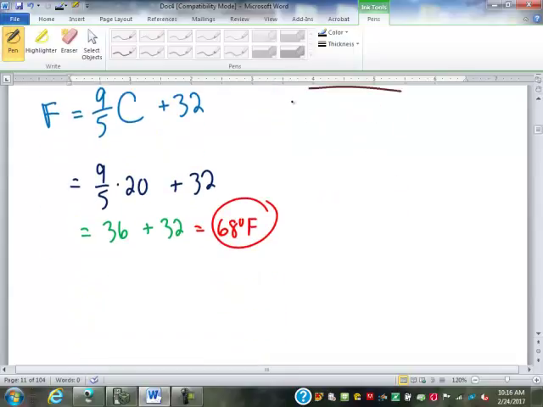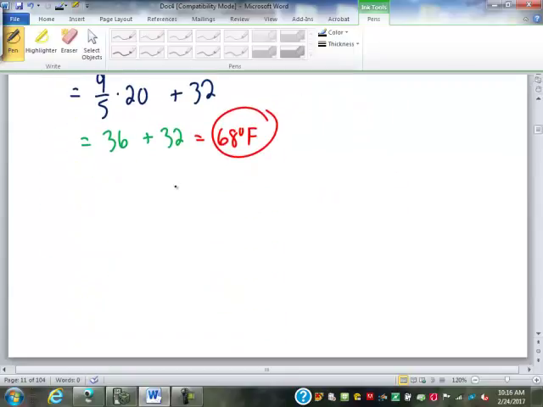So I'm going to have you guys try one for me. About the coldest day I can remember in my life, we had raw temperatures, this is without the wind chill, of about negative 40 degrees Fahrenheit. Do the conversion and tell me how many degrees Celsius that would be.